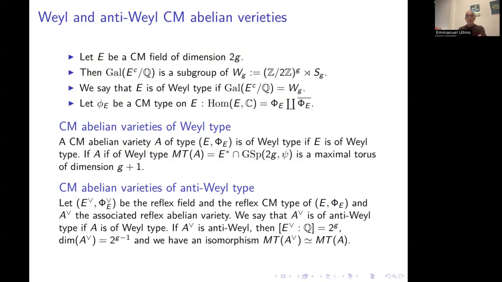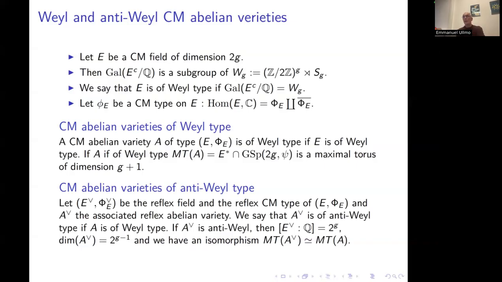So when you have a CM field and a CM type, you can associate a reflex field, and you can associate a reflex abelian variety.